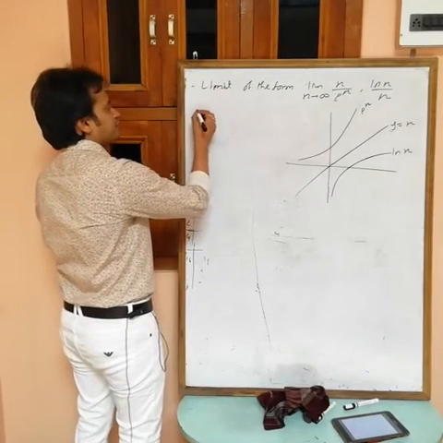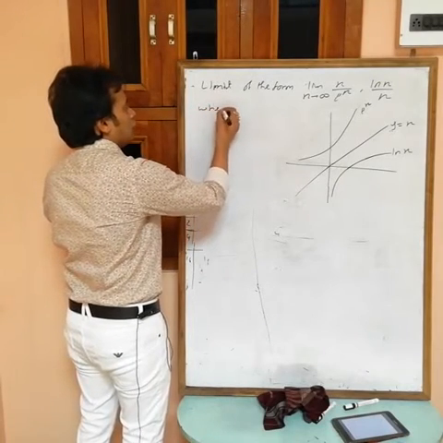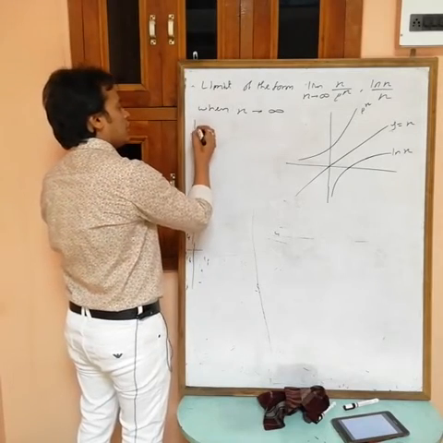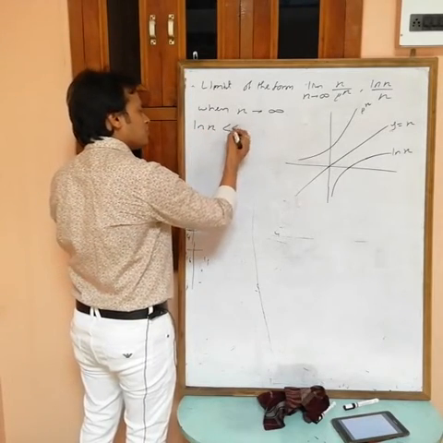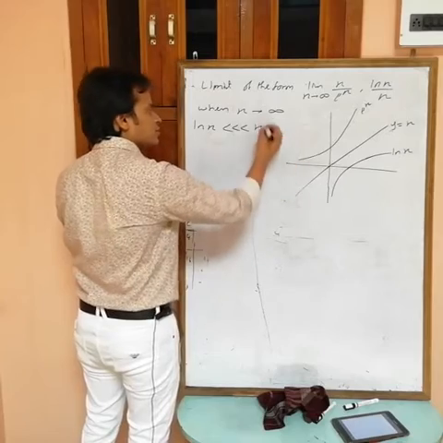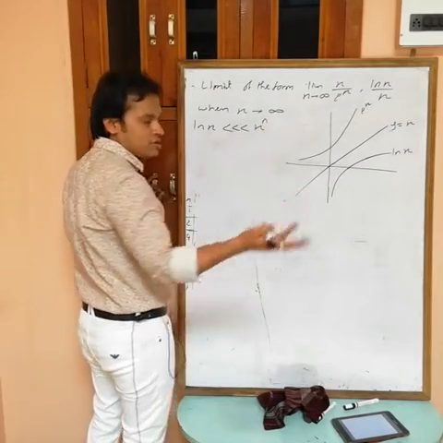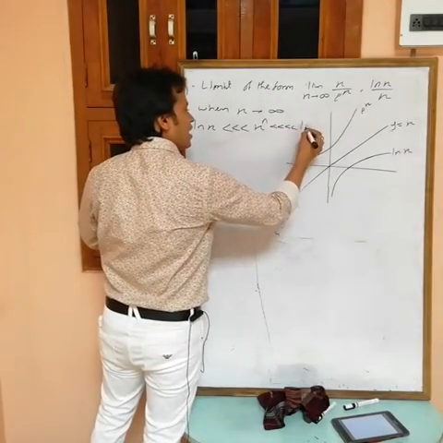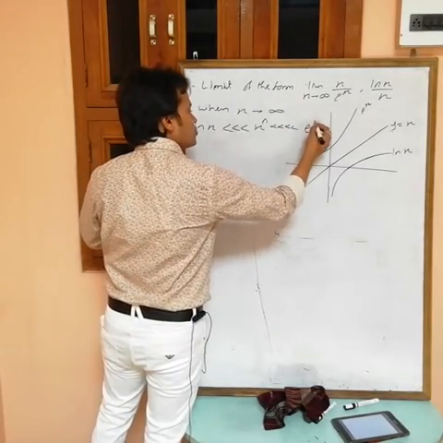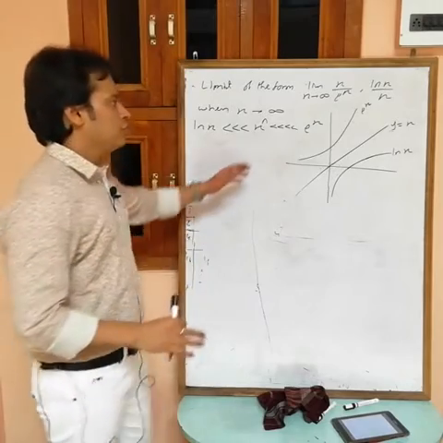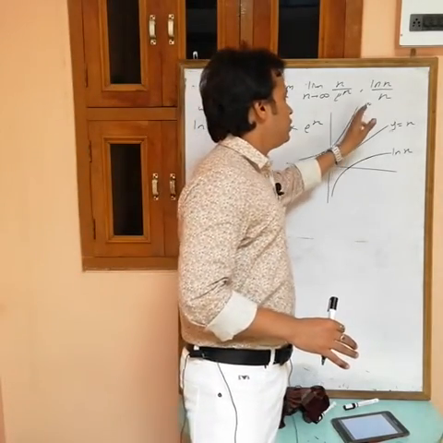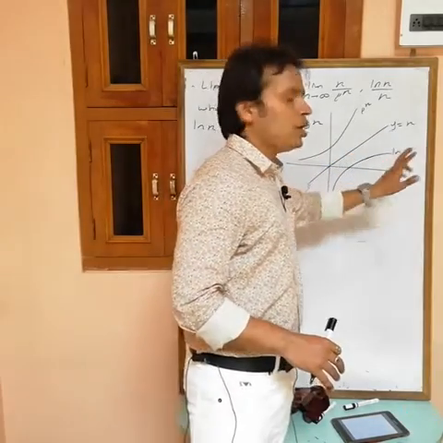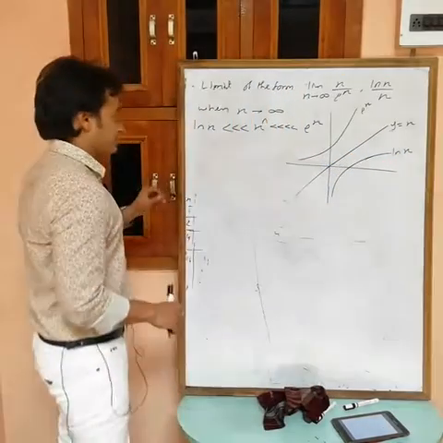So when x is tending to infinity, ln x is much lower than x or x power n. This is also true for x power n, and this is much lower than e power x, the exponential function. You will get a higher infinity in exponential, then in polynomial, and then in logarithm.